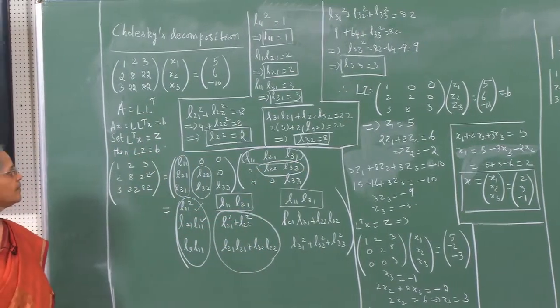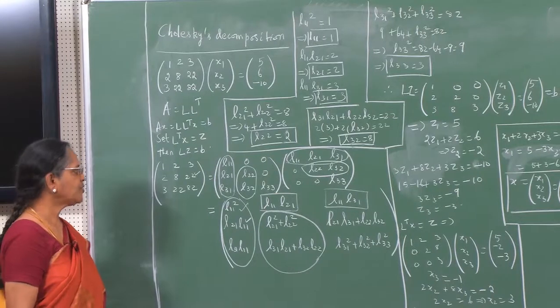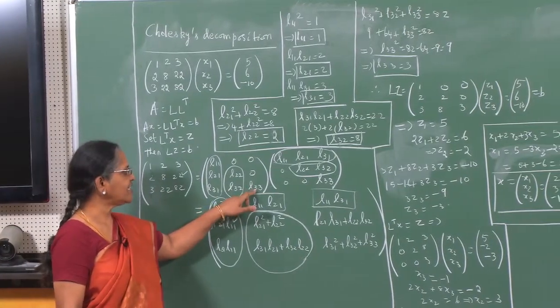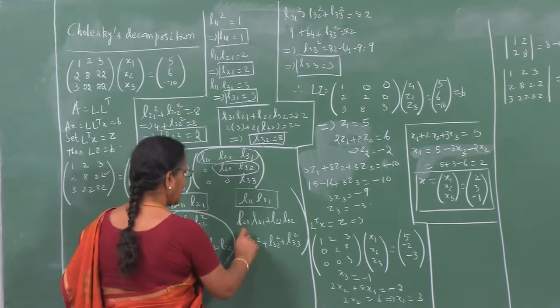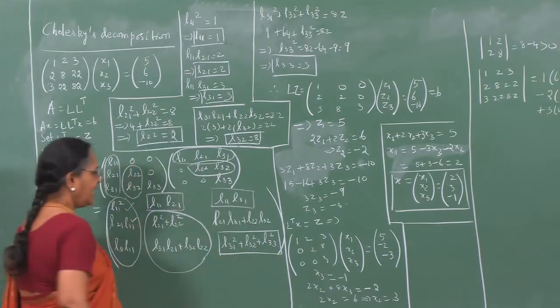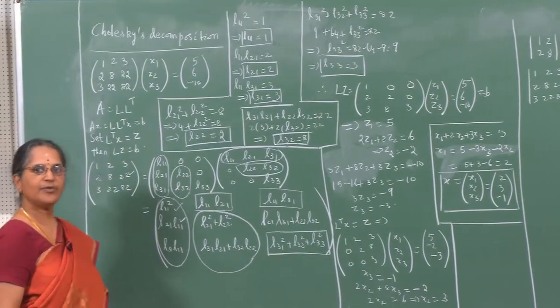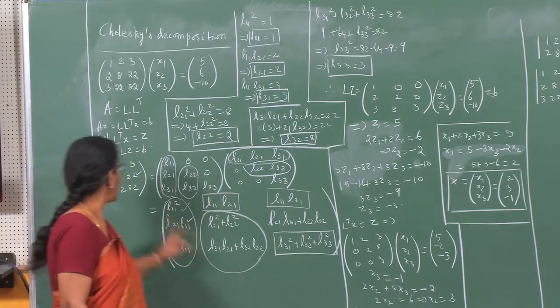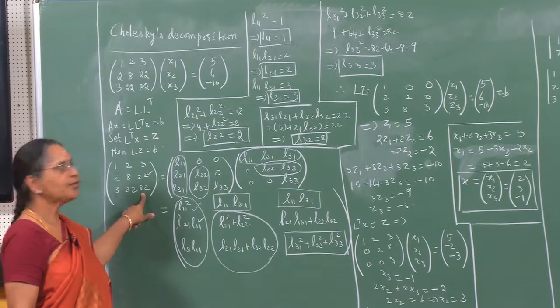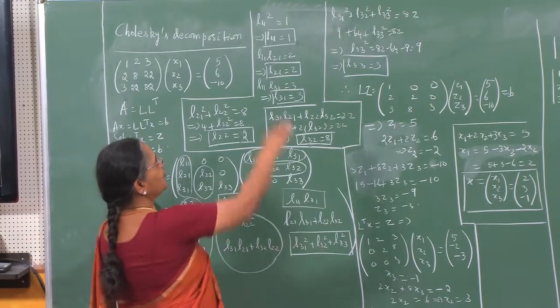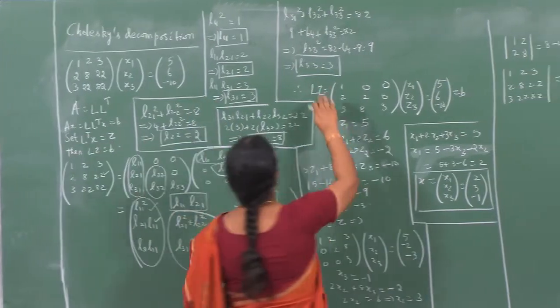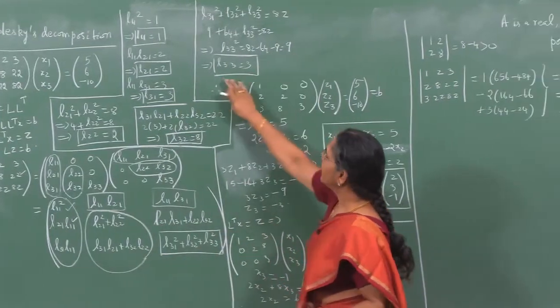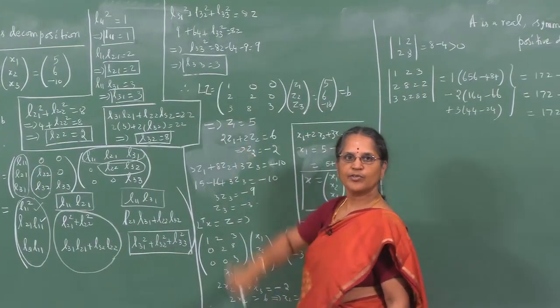The only entry that remains to be obtained is L33, and so we make use of the information here, which says L31 square plus L32 square plus L33 square is equal to 82, and therefore, substitute for L31, L32, and that gives you L33 square to be 9, and hence L33 is equal to 3.